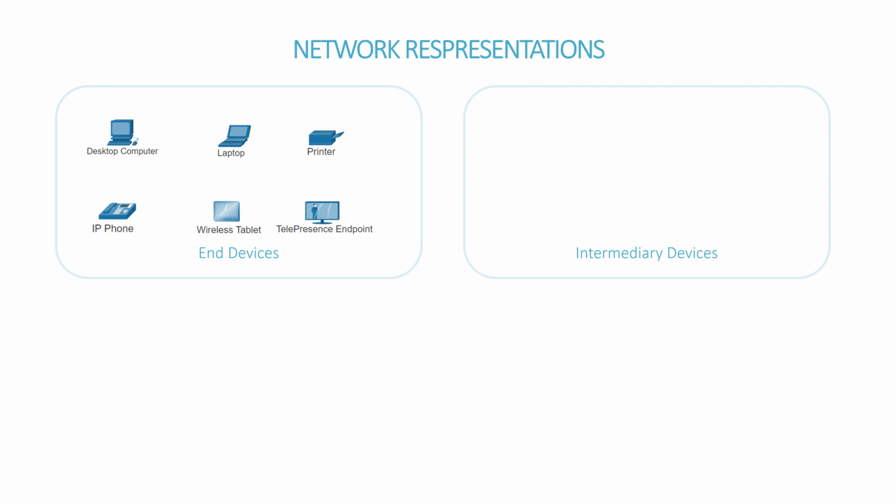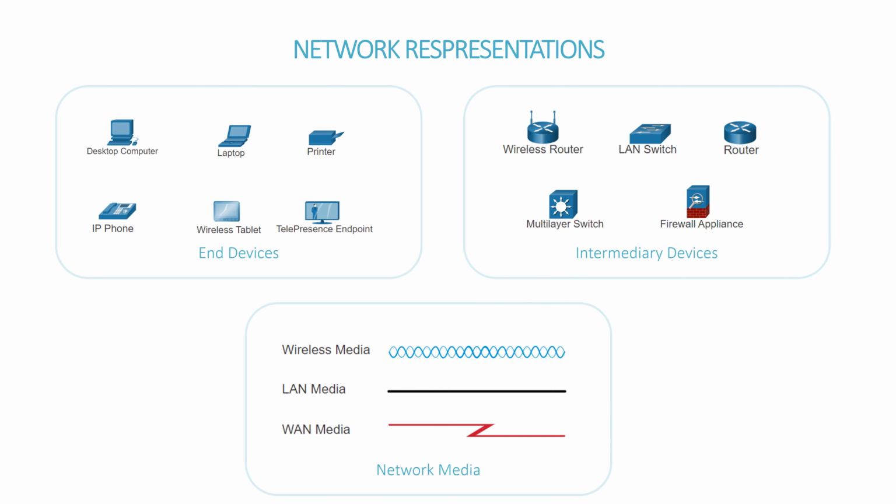For the intermediary devices, these are the symbols for wireless router, LAN switch, router, multilayer switch, and firewall. And for the network media, these are the symbols for the wireless media, LAN media, and WAN media. A diagram provides an easy way to understand how devices connect in a large network.